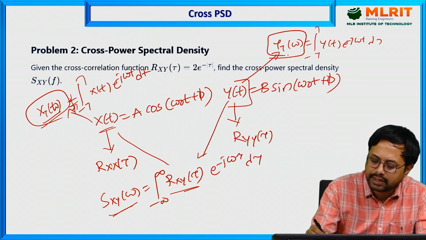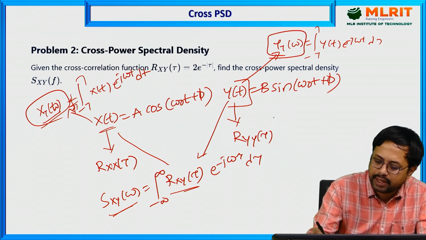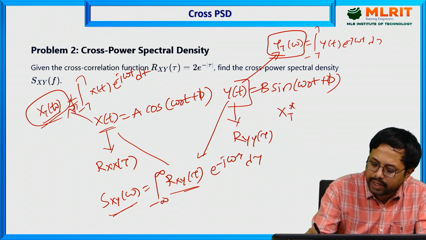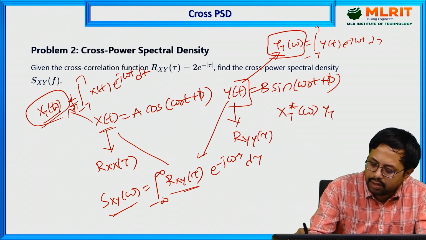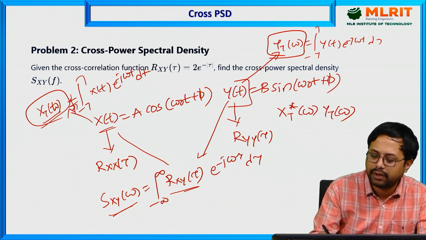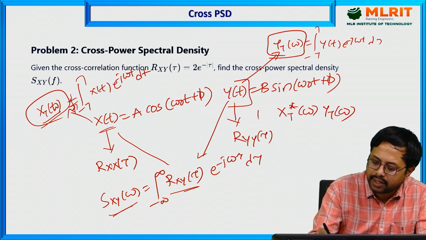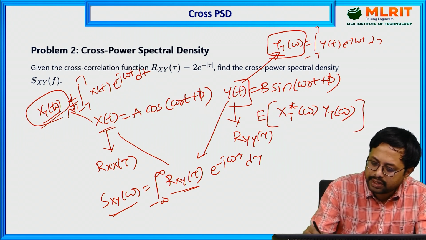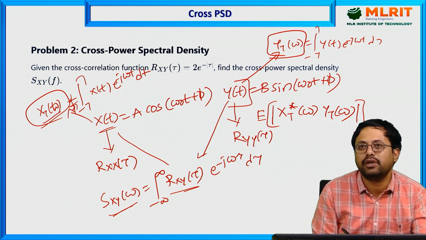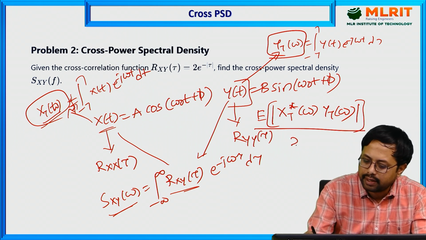After solving XT of omega, next you have to apply the conjugate, XT conjugate of omega times YT of omega. Then you take the expectation of this. Before solving the expectation, first check the absolute value and divide by the time 2T.